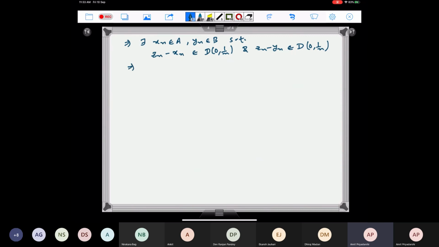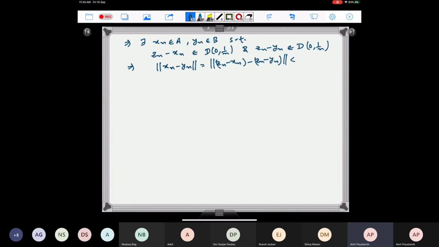So what can we say about the norm of xn minus yn? This is the same as the norm of (Zn minus yn) minus (Zn minus xn). But the norm of Zn minus xn is less than 1 by n, and the norm of Zn minus yn is less than 1 by n.